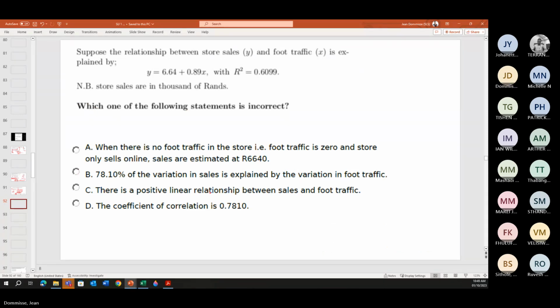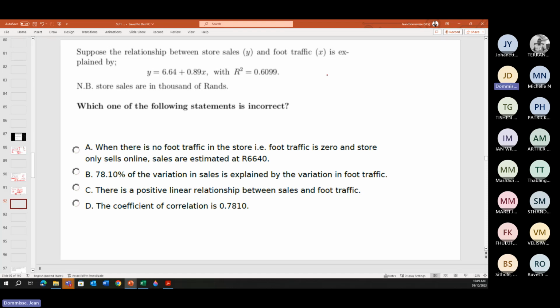So again, a question where we don't have data. There's no information in here that you could put in Excel or your calculator to work out.